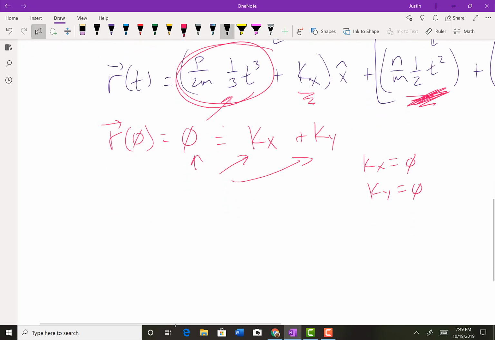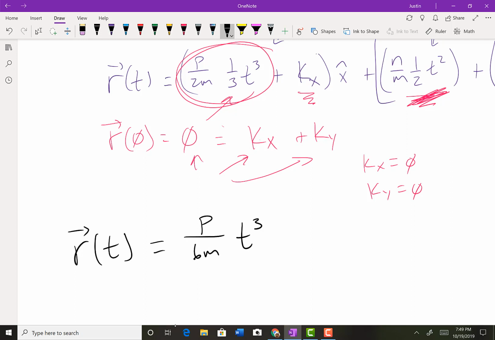Well then, I can get my equation, my position as a function of time. Just simplifying here, it's going to be p over 6m t cubed. kx is 0.